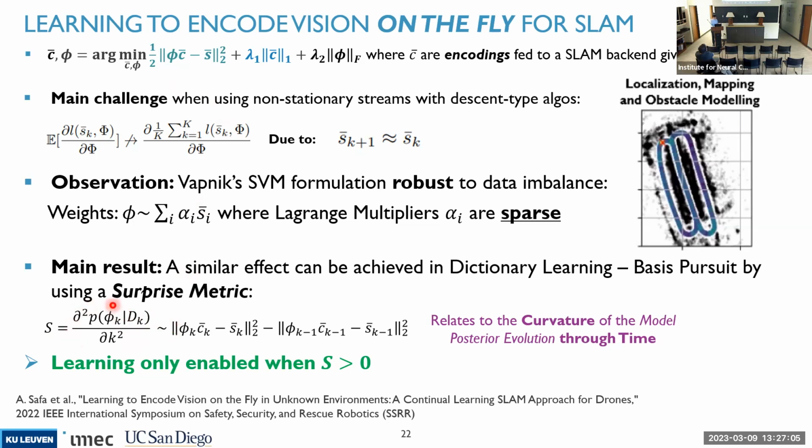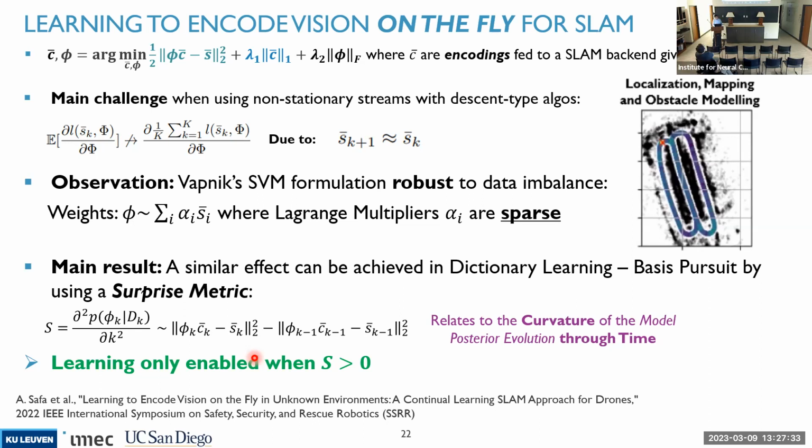Conversely, if this curvature is negative, it means that the data point that I'm receiving right now is already known by the system. Perhaps it was a feature that was already seen before, because it leads to a reduced probability. It doesn't lead to an increase in the posterior in future time steps. And therefore, when this S is negative, I don't necessarily need to incorporate this input into the learning of the system.